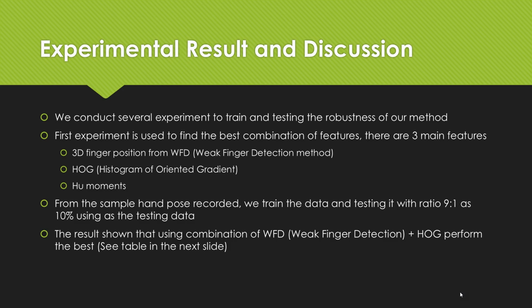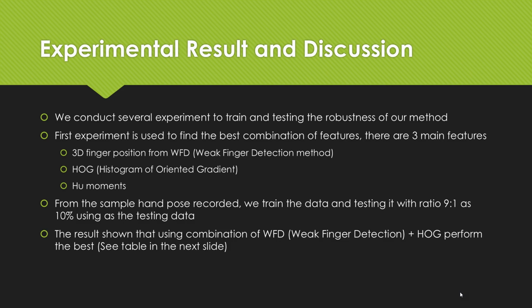For the experiments, results and discussion, we conducted several experiments to train and test the robustness of our method. The first experiment is used to find the best combination of the features. We have 3 features that we extract. First is the finger position from our previous finger detection method, then HOG, or histogram of oriented gradient, and Hu moments, which come from the 2D image.